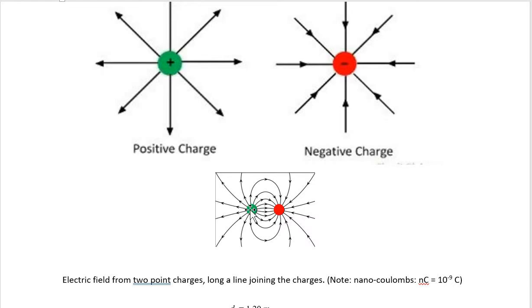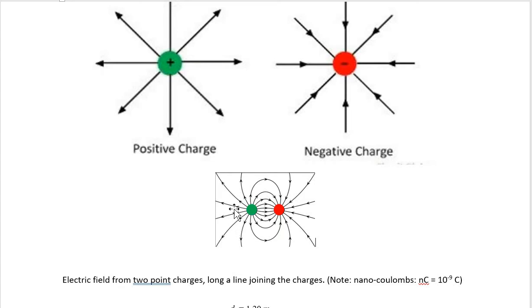So they diverge from here and converge to here. If you put a positive green test charge right here, it would move along this line and go right next to the red charge. It would move in this direction. So that's the direction a test charge would move. So this gives the direction of the electric field at a point in space.